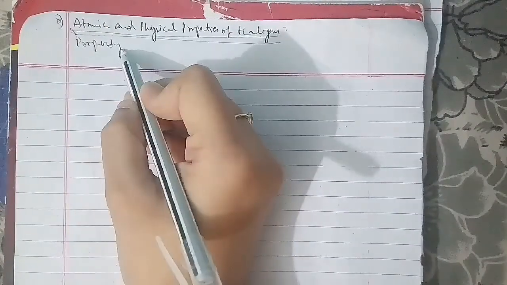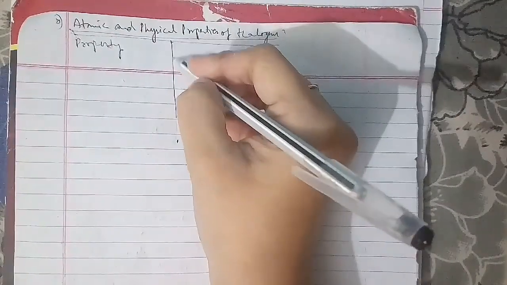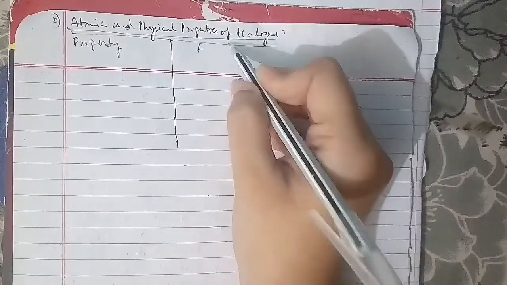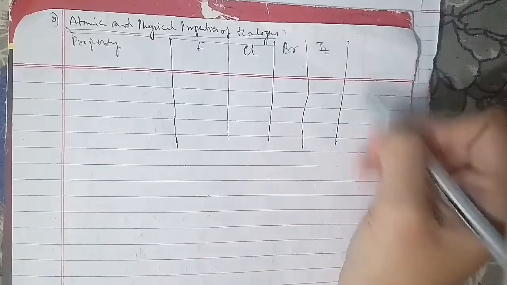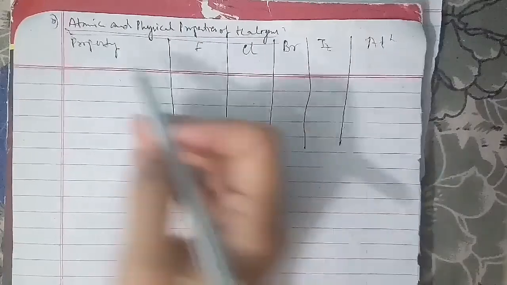First we'll discuss the property for fluorine, chlorine, then bromine, iodine, and then the atomic properties we have to discuss as well.